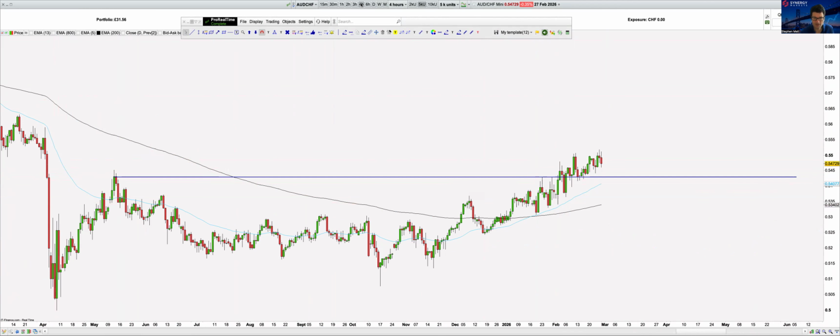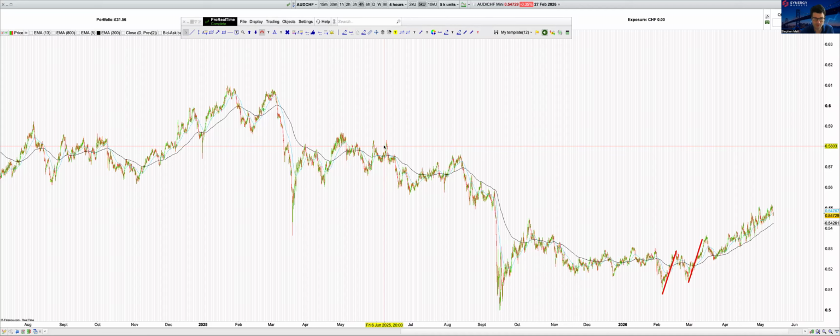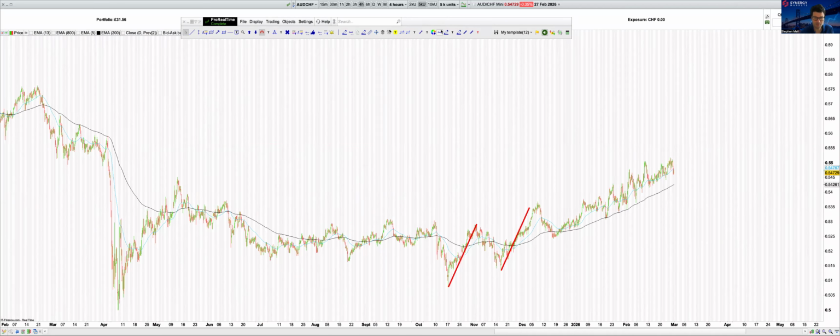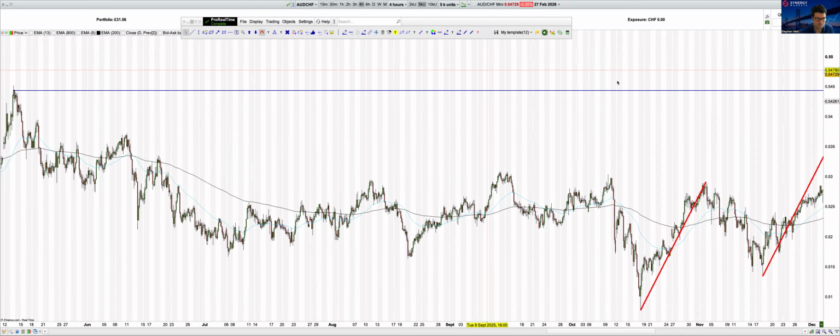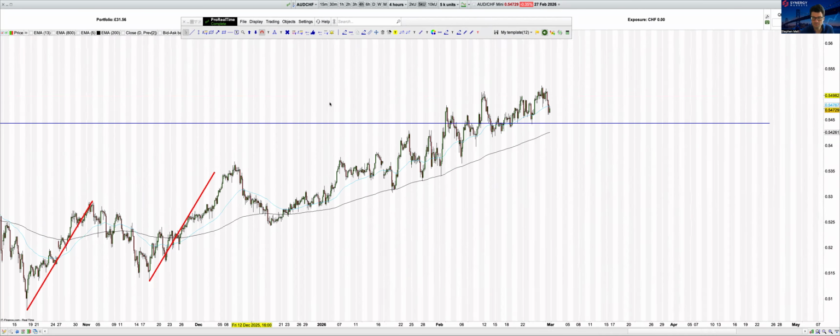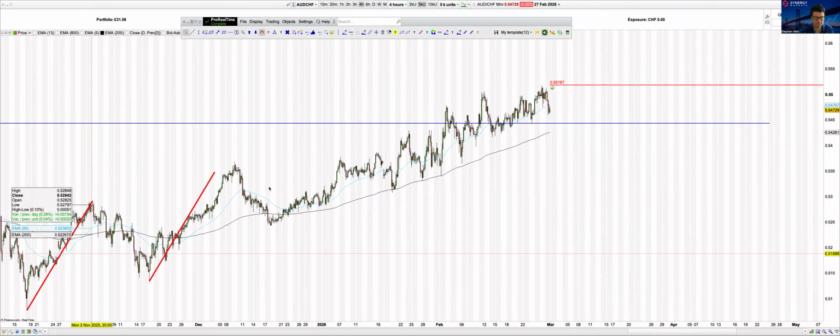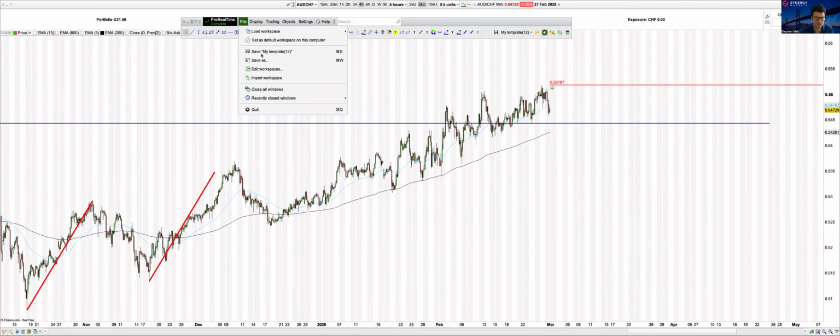But on a closer look, it appears we have had the break. Anything above this peak, I think it's long. So I'll put that in there, save the charts.